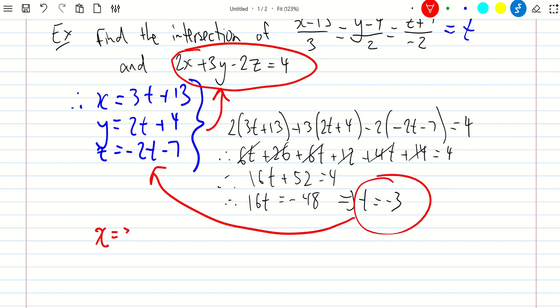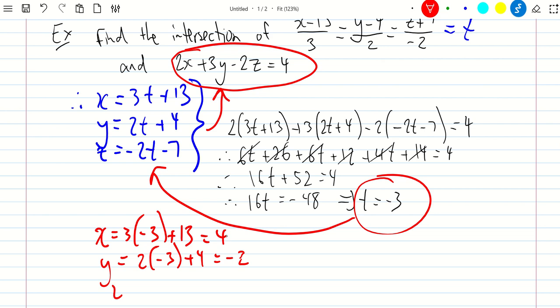So x is equal to 3 times negative 3 plus 13. Negative 9 plus 13 is 4. y is equal to 2 times negative 3 plus 4. Negative 6 plus 4 is negative 2. And z is equal to negative 2 times t, don't forget the minus 7 there.